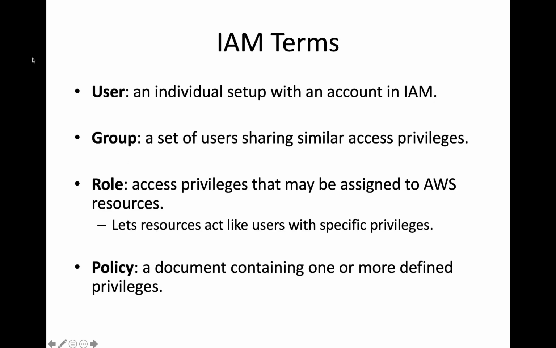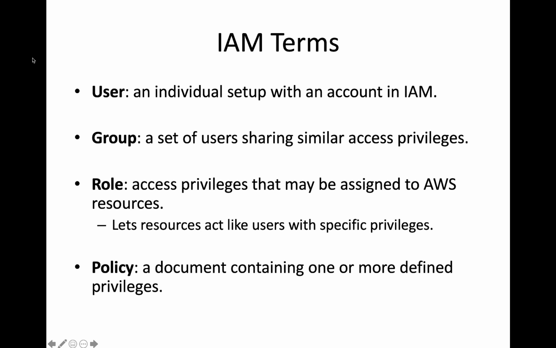Before we look at how IAM works, there are a handful of terms that you need to know. First of all, within IAM, we have users. And users are accounts that people will log into to access and control resources within AWS. As I mentioned, when you created your AWS account, you started by creating a root user.